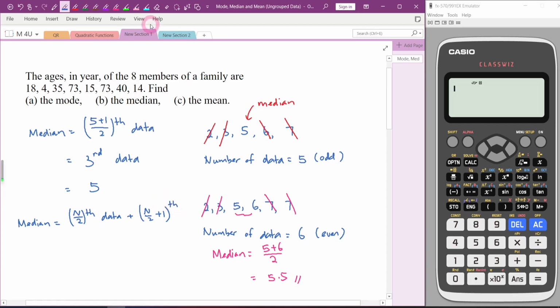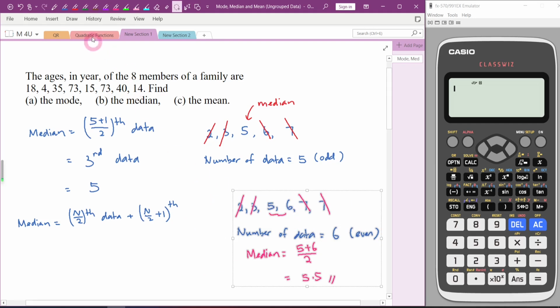Okay, let me move this to the side first. Divided by 2. Okay, so in this situation, there are 6 data, right? So this is an even, so I use this formula. So 6 divided by 2, let me write 6 divided by 2 first. So this will be 6 divided by 2 plus 1.